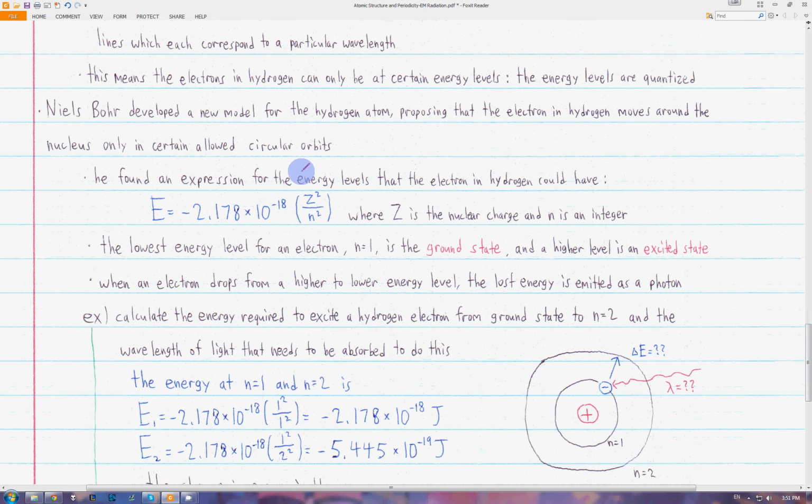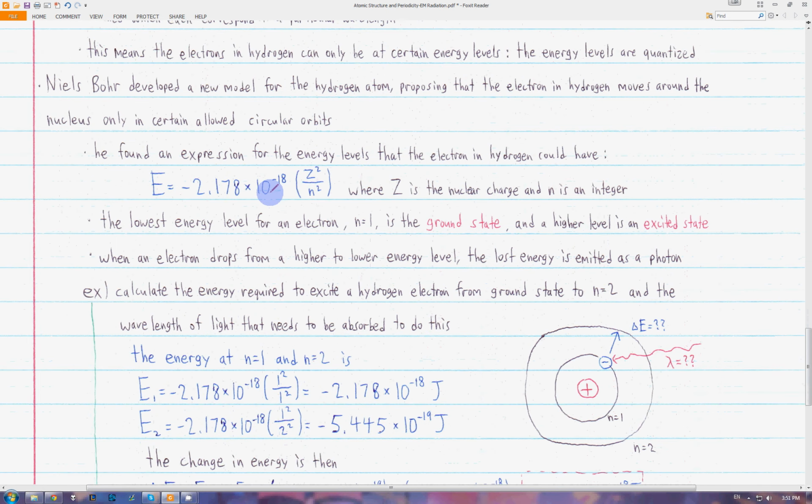So then he found an expression to calculate the energy levels that the electron in hydrogen could inhabit, which is given by this equation, where Z is the nuclear charge, which is always 1 in the hydrogen, and n is any integer.